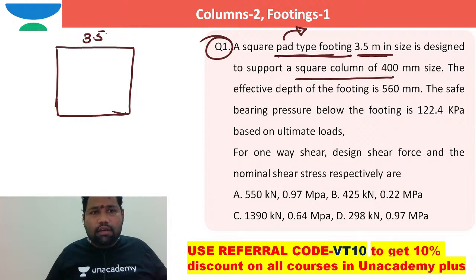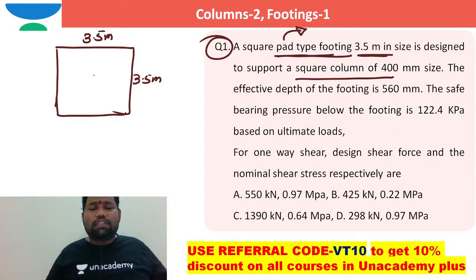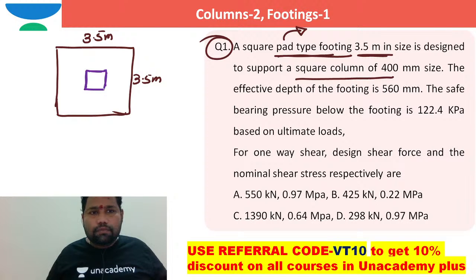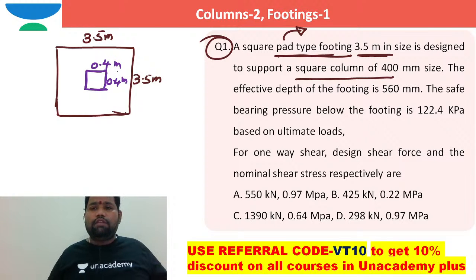This is in plan, 3.5 meters by 3.5 meters. Over this square footing, the square column is 0.4 meter in size.